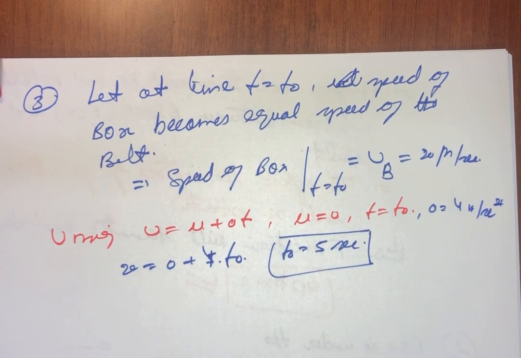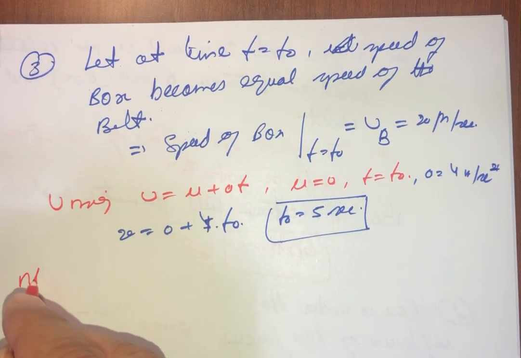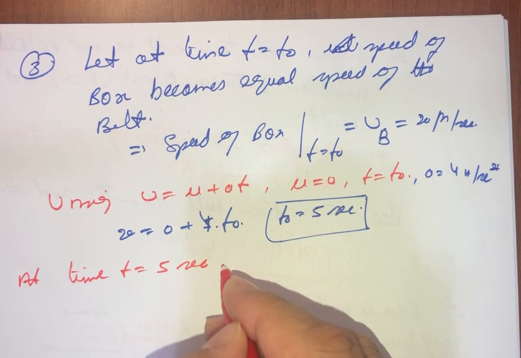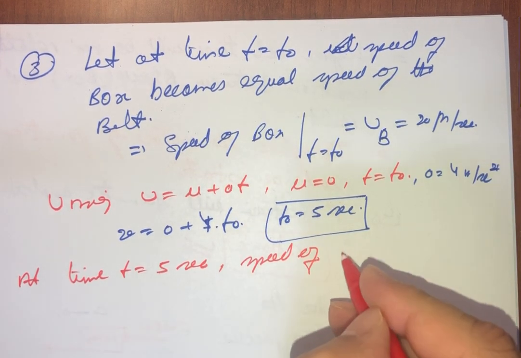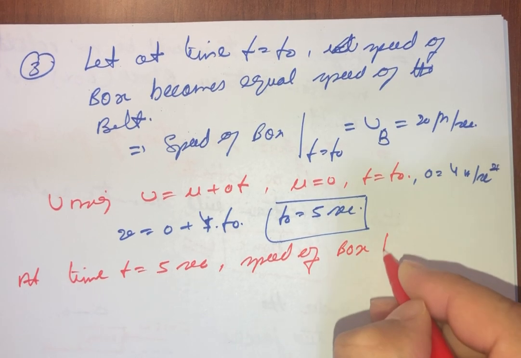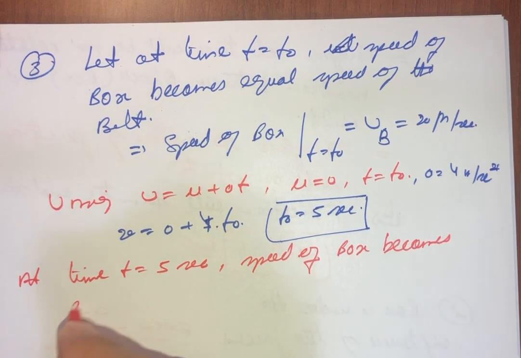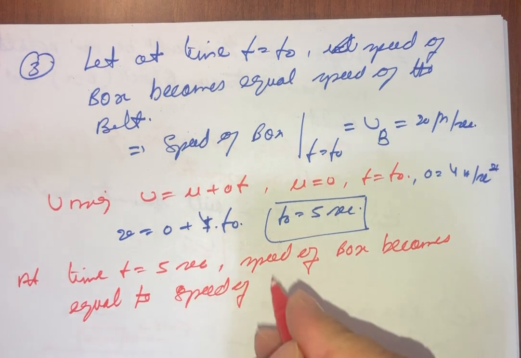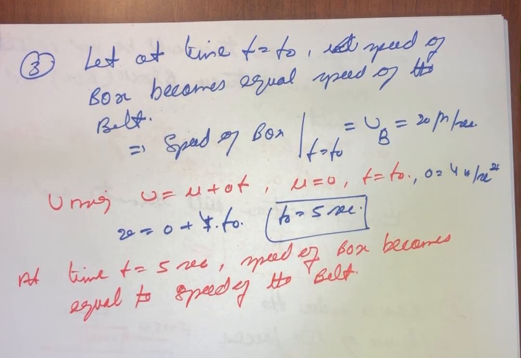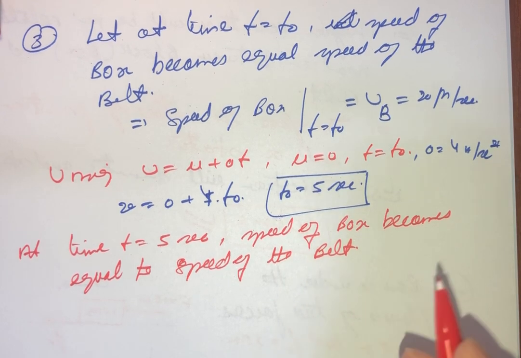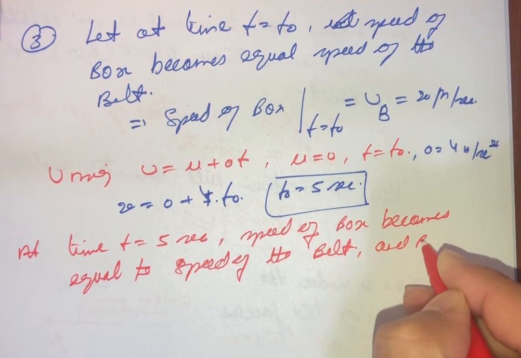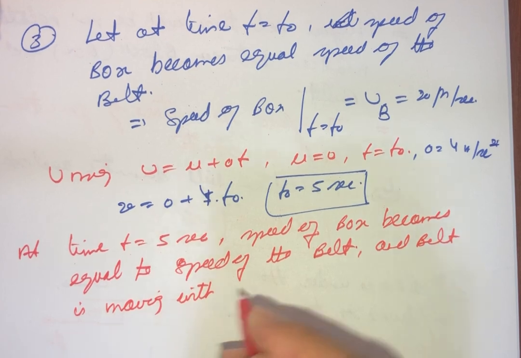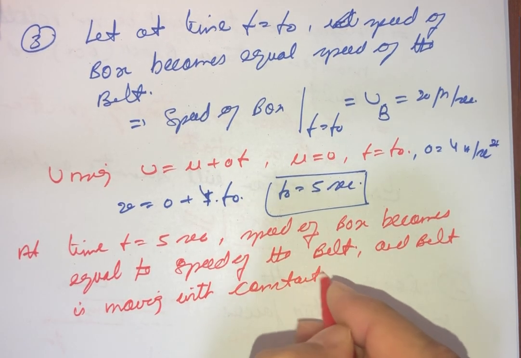same. Okay. You can say that at time t is equal to 5 seconds, the speed of the box becomes equal to the speed of the belt, and the belt is moving with a constant speed.